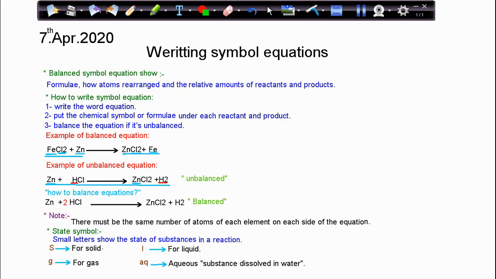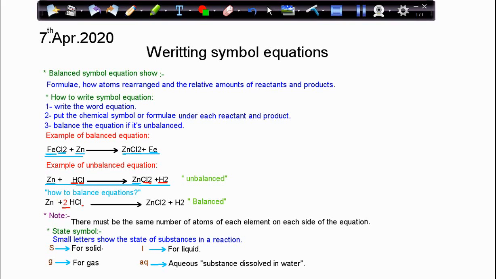Okay, let's take a look at the Cl. Cl here 1 and Cl2. That means one atom in the reactants and 2 atoms in the products, and this is unbalanced. We need to balance both sides. Okay, so how can we balance this one? I need to write here 2, a big 2. I cannot write it down here, no, that would mean the chloride only.